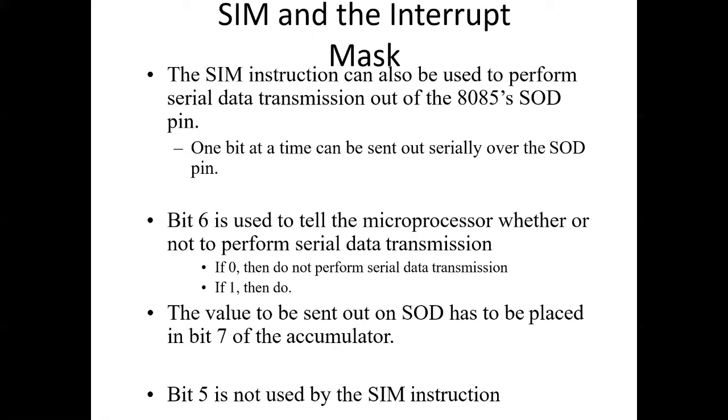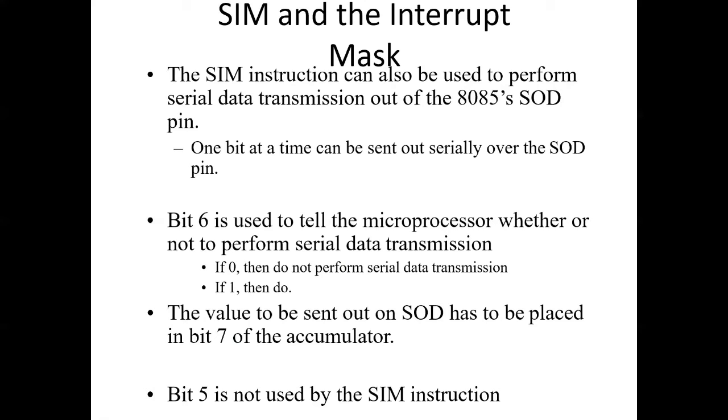Very few microprocessors provide for on-chip serial communication facility, and one of them is 8085. Intel 8085 provides a serial output of data pin called the SOD pin and the SIM instruction to facilitate serial output of data. From where inside the 8085 does a single bit of information come out on the SOD pin?